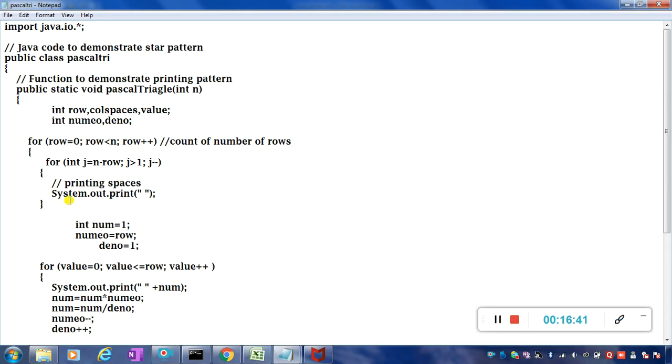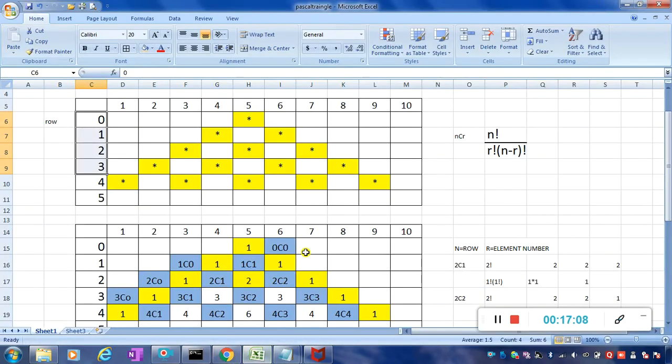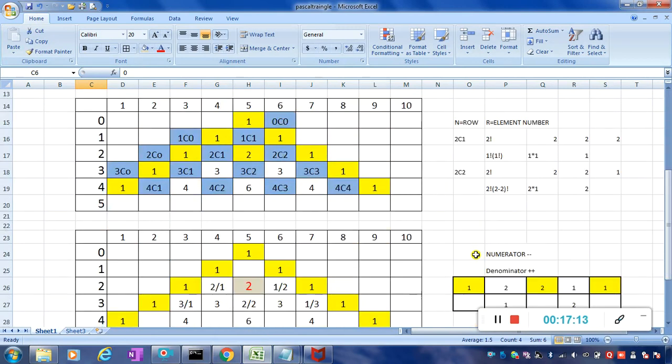Now you have to pay attention to how actually I am printing the values. We know that every row starts with 1, so I have used a variable in which I have put the value as 1. Now I know that the numerator, as we explained here, the numerator of NCR over here is nothing but the row.